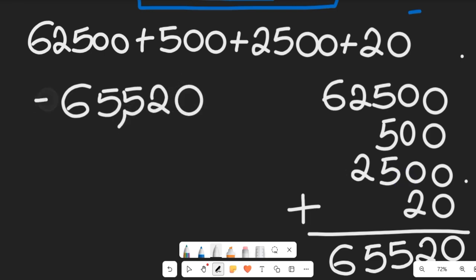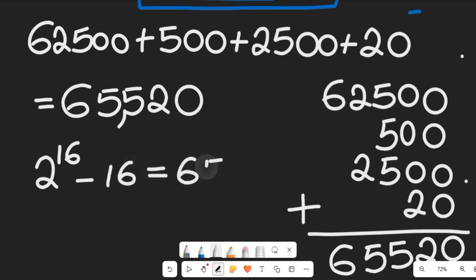And this is the solution to 2 to the power of 16 plus or minus 16 is equal to 65520.